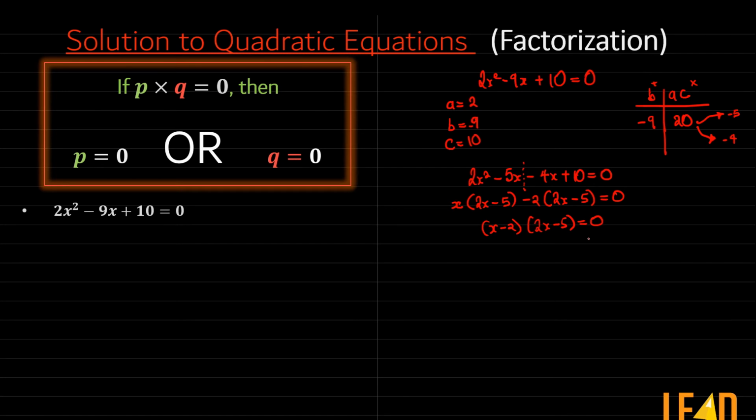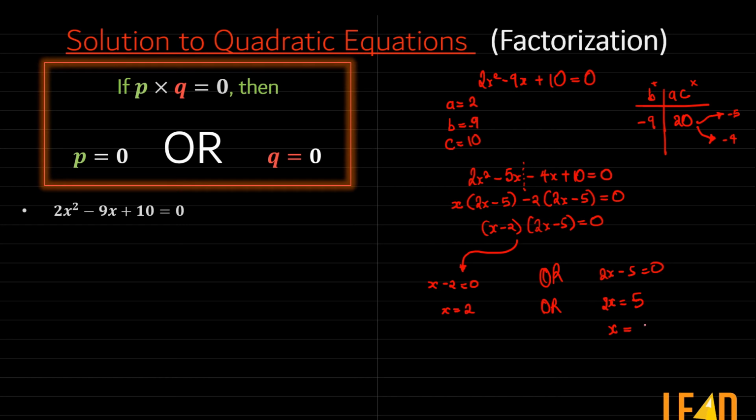Okay, so at this point, this is where I said if both of them multiply to give you 0, then one of them must be 0. So our solutions would be x minus 2 is equal to 0, or 2x minus 5 is equal to 0. So this would become x is equal to 2, or 2x rather is equal to 5.